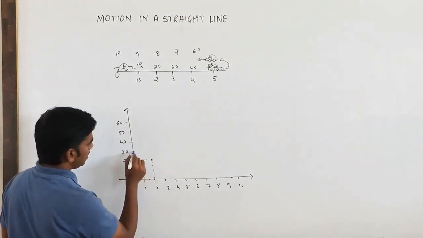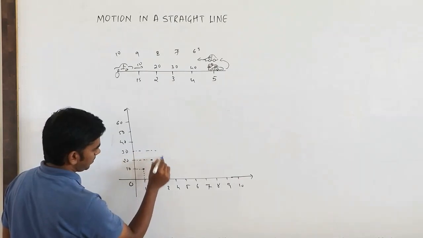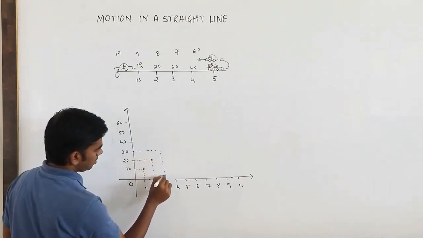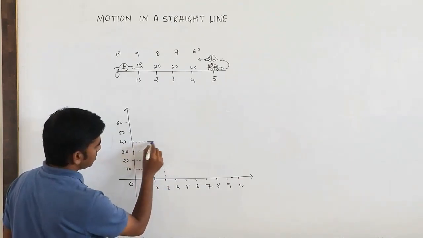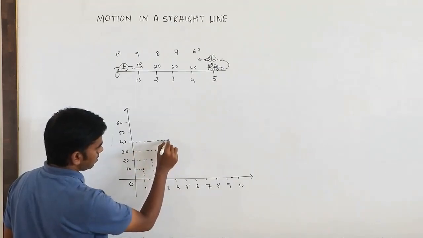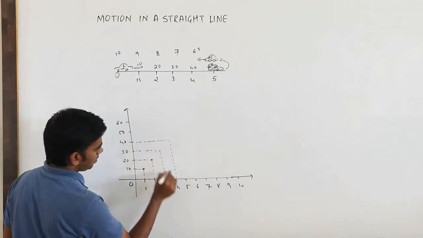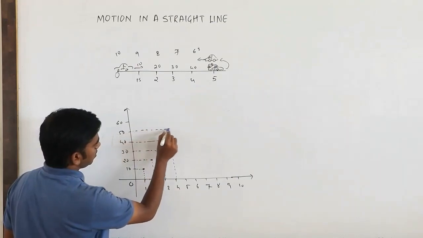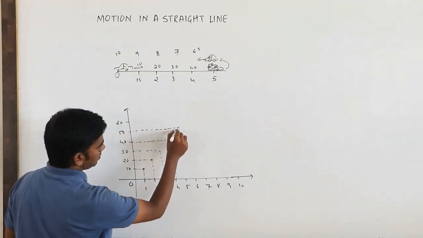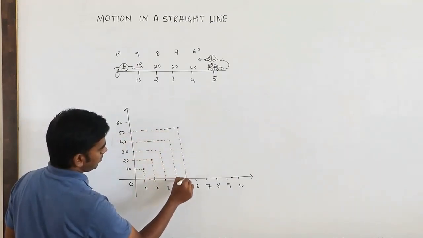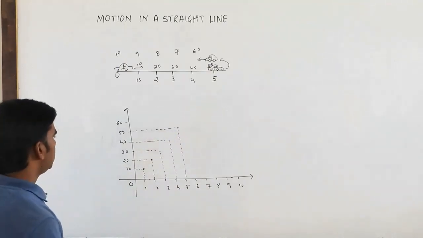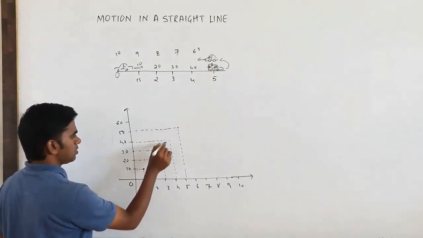When time is 3 seconds, the object is at 30. Then at the 4th second, the object is at 40. Then at the 5th second, the object is at 50. Okay, so these are the points which we got.